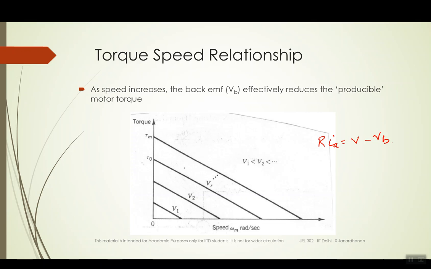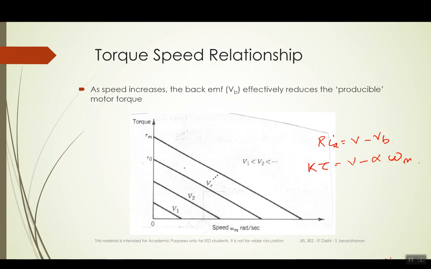Now R times Ia is proportional to tau m, so k times tau is V minus some alpha times omega. Okay, let's not go into this thing.